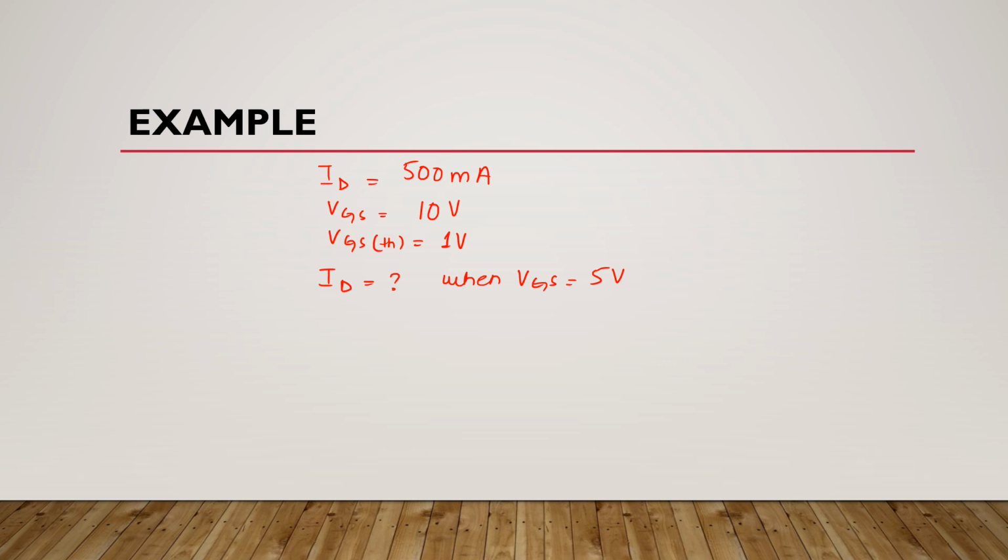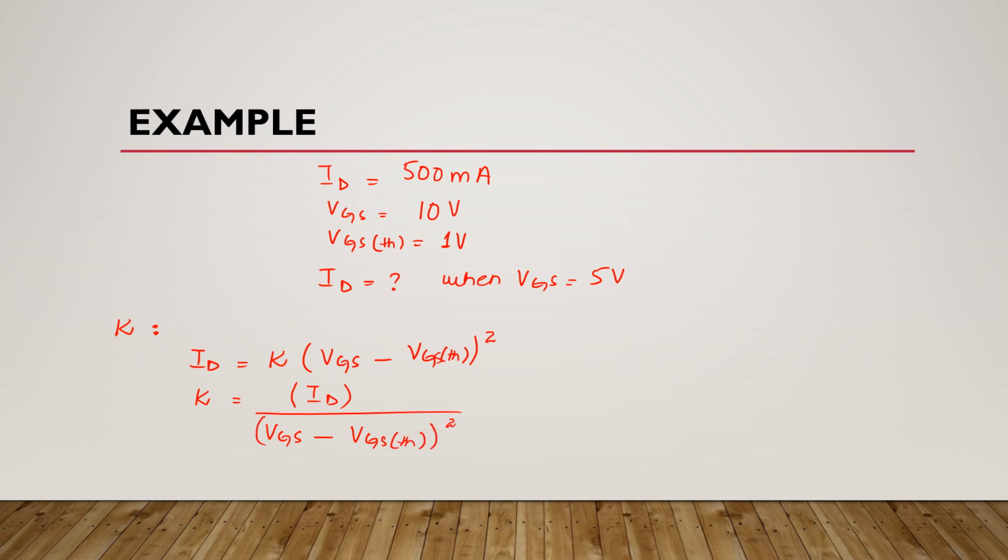First, you will find the value of K because we know that ID is equal to K times (gate to source voltage minus threshold voltage) whole square. Now if we rearrange this equation, we get K is equal to ID divided by (gate to source voltage minus threshold voltage) whole square.